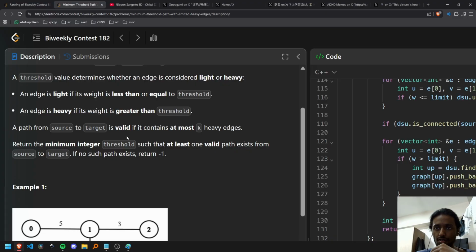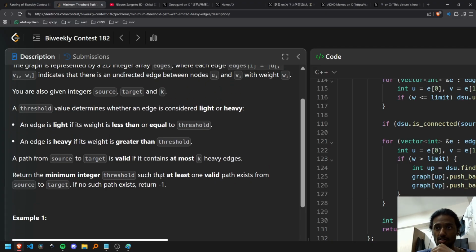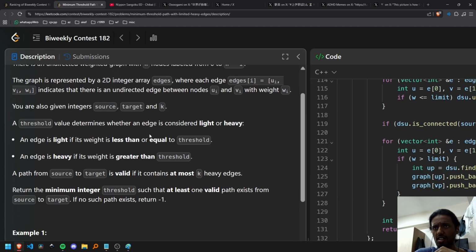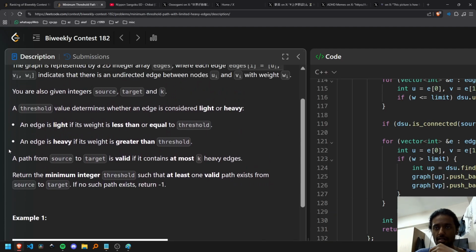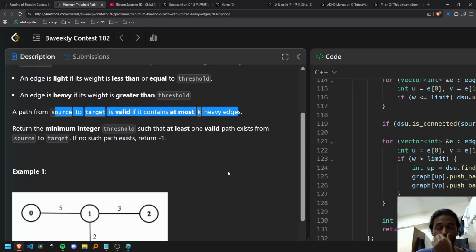What we basically have to do is find the minimum threshold such that at least one path exists from source to target, right? Since it is bidirectional, it could be target to source as well, but that doesn't matter. Now the main condition is an edge is light if its weight is less than or equal to the chosen threshold, and an edge is heavy if it's greater than the threshold, right? And at most we can have only k heavy edges.